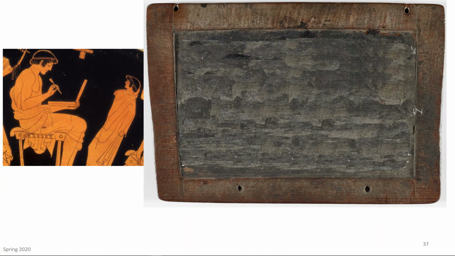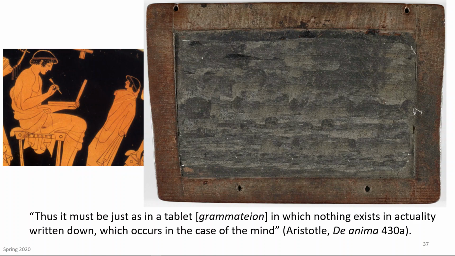And the tabula rasa is the Latin term, coming probably originally from an analogy used by Aristotle to talk about the mind. It would be wrong to think that Aristotle is saying exactly the same thing as Locke does later. Nevertheless, we can trace some of the history of this metaphor back to Aristotle.